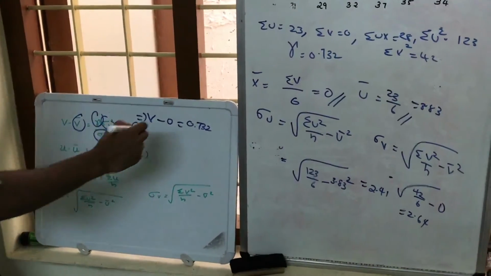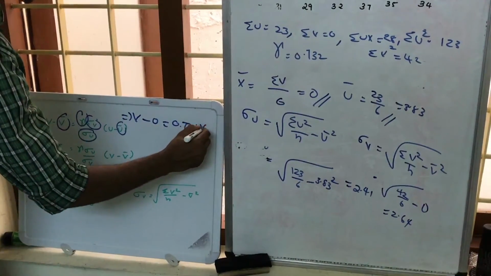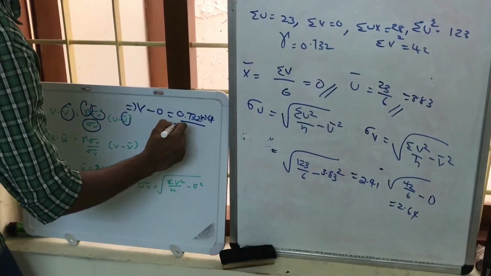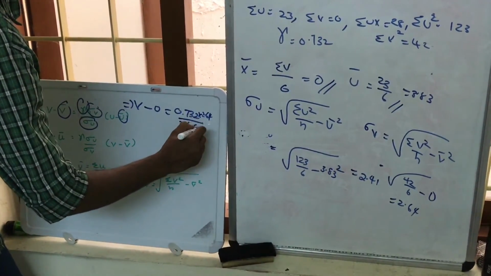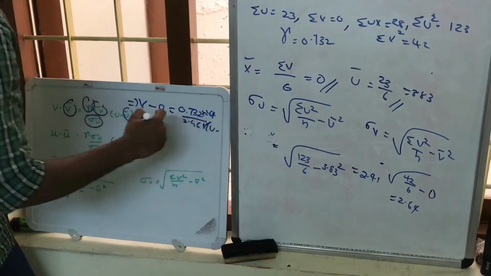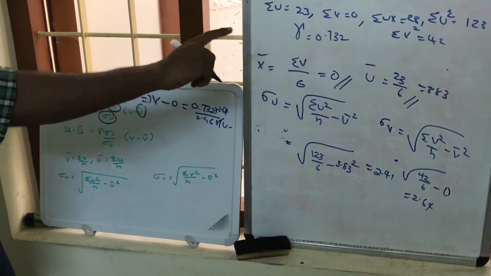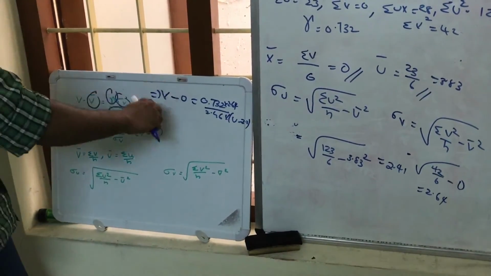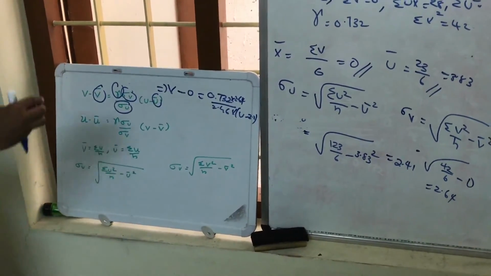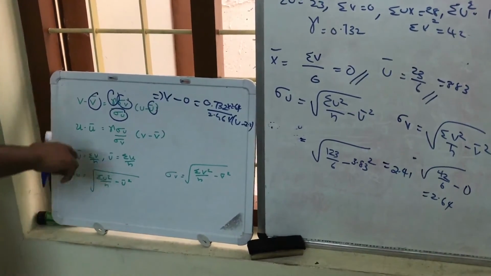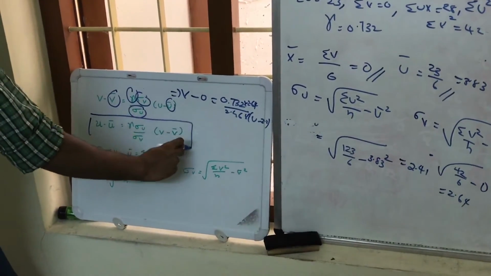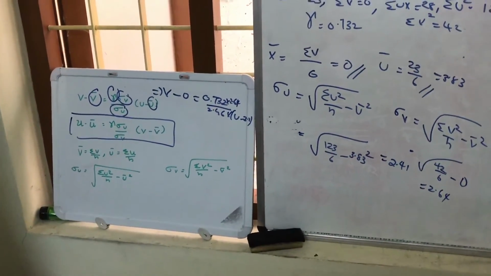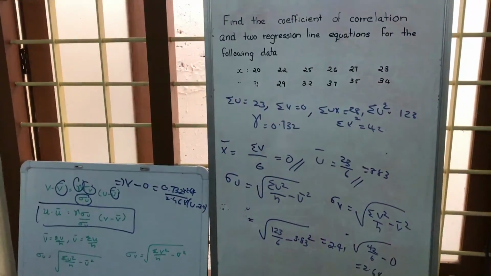Sigma V we have found 2.64. Now sigma U we have found 2.41 into U minus U, the unknown variable. U bar we have found it as 3.83. Look, this is the required equation. Similarly, if we substitute the values in the second equation, we will find the second regression equation. This is how we find the regression lines.